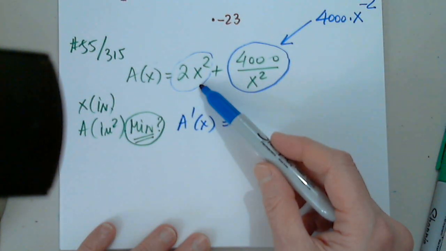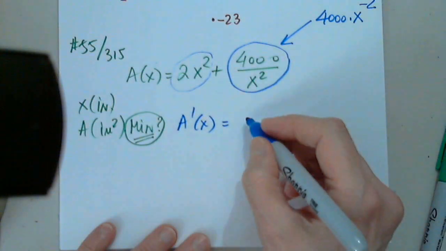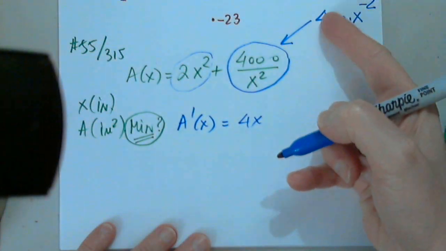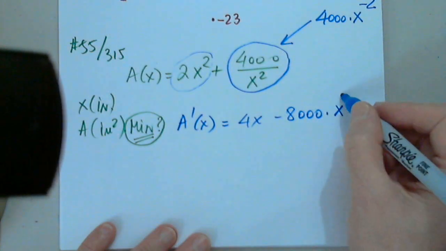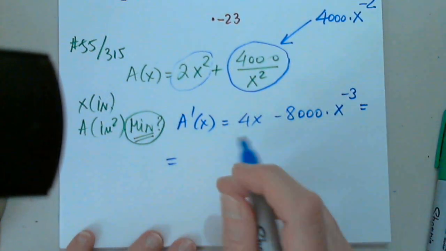It would be 4x, or I guess minus 8,000 over x to the 3. Yes. Awesome. Very good.